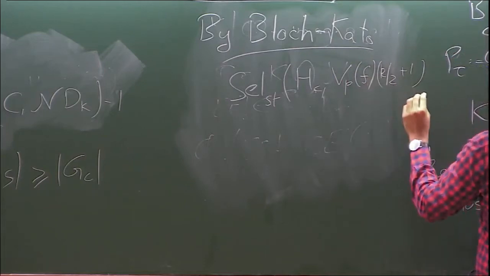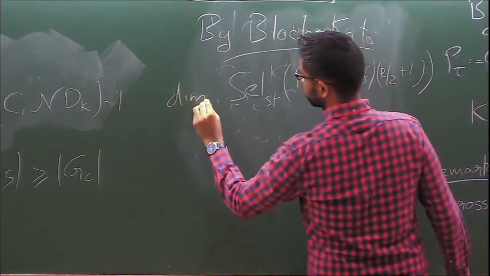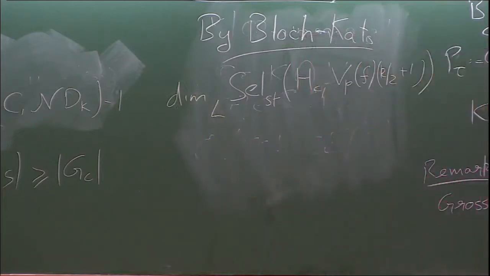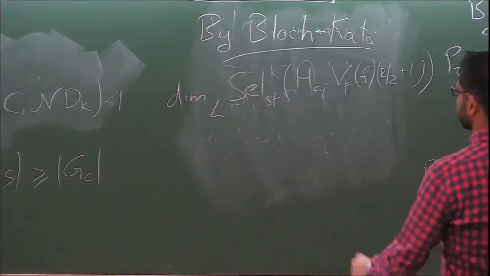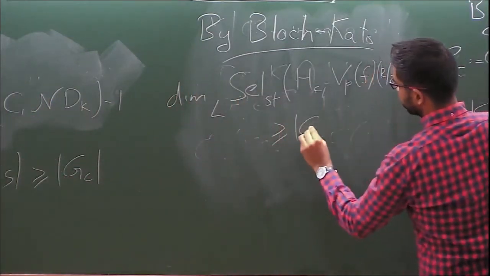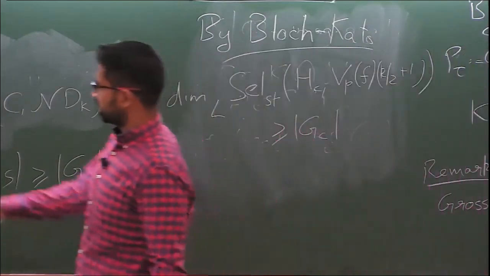There is a Selmer group associated to this Galois representation. This has positive dimension, so I'll call this the dimension over L. The Galois representation will take values in L, so that's the kind of extension that I'm fixing. So this has dimension at least equal to the order of this class field.